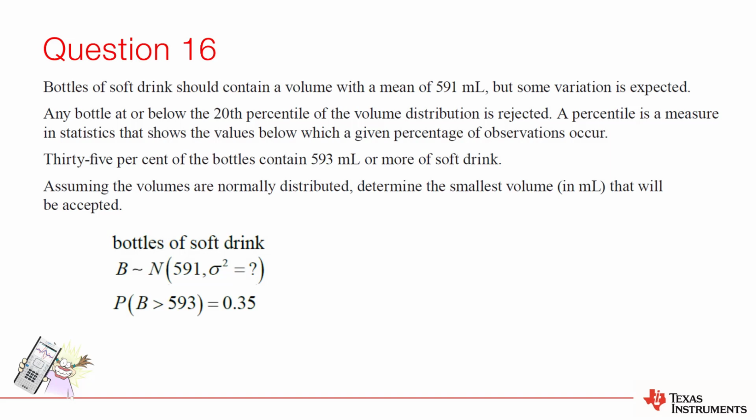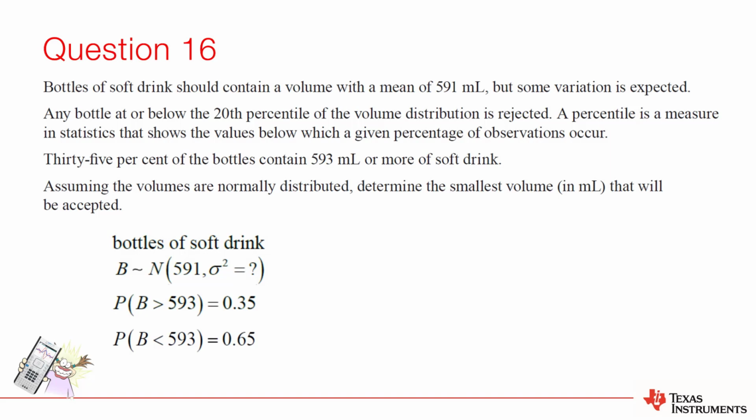We're given that 35% contain more than 593 mils. Now remember, when we use inverse normal on our calculator, it has to be a less than. So we're going to have to change that around. Instead of B greater than 593, we're going to have to say B is smaller than 593, and that's 0.65.